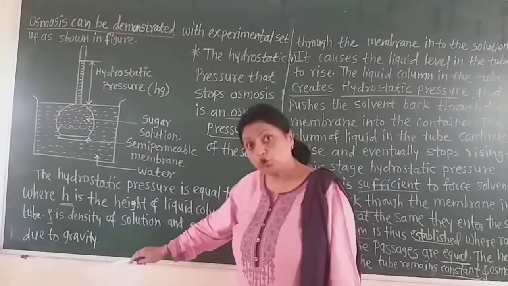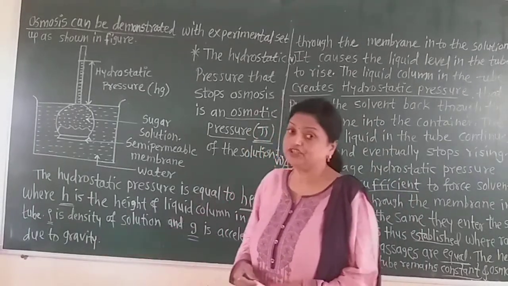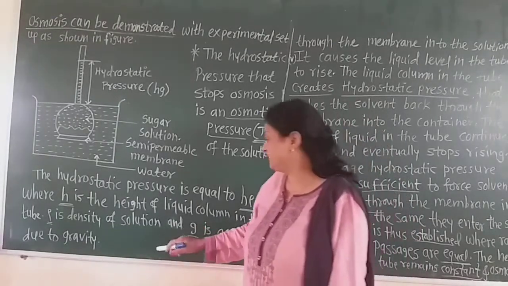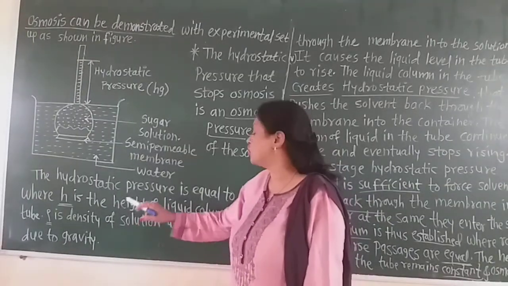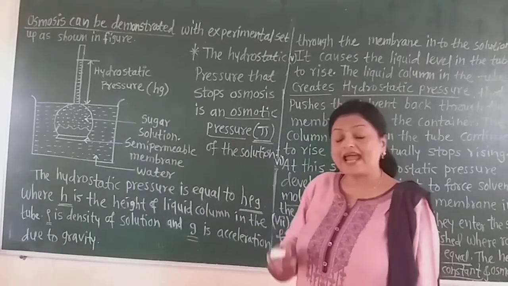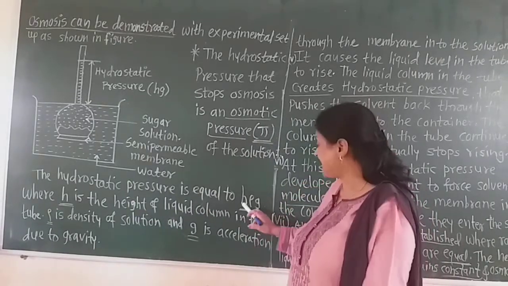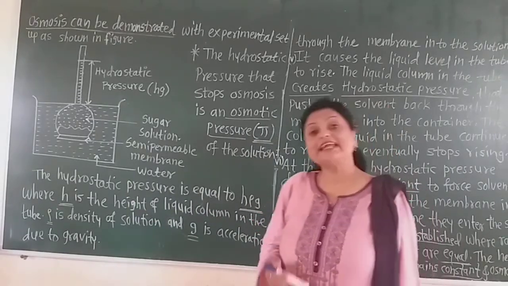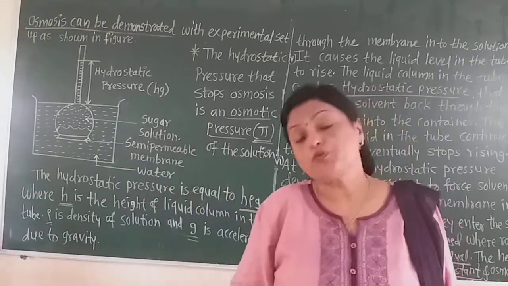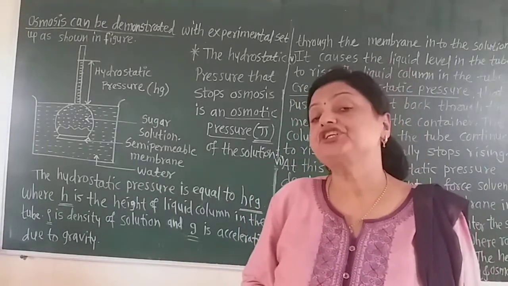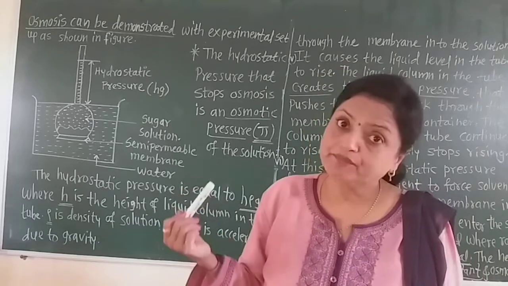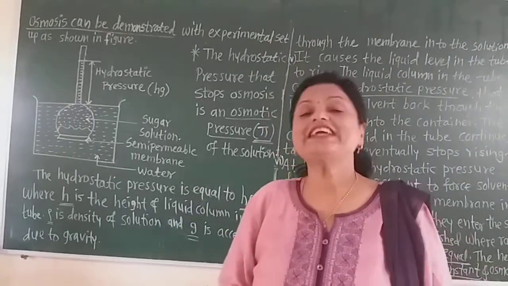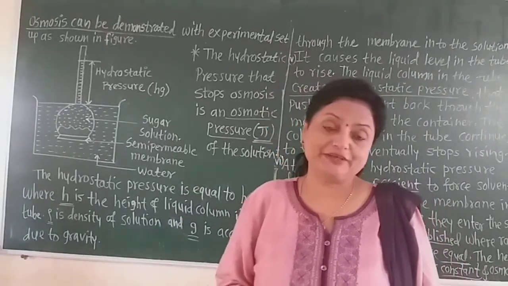By knowing the values of all these three and multiplying h rho g, we can calculate the osmotic pressure pi. So pi is equal to h into rho into g. In this way we can measure the osmotic pressure.